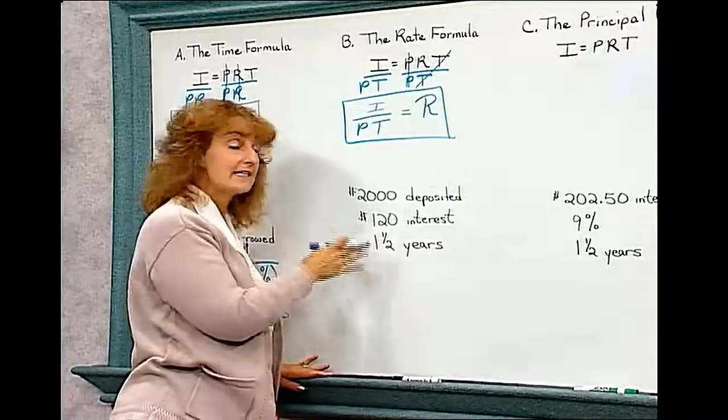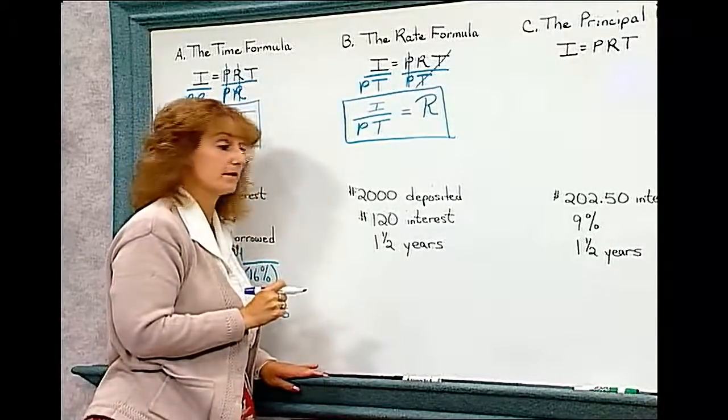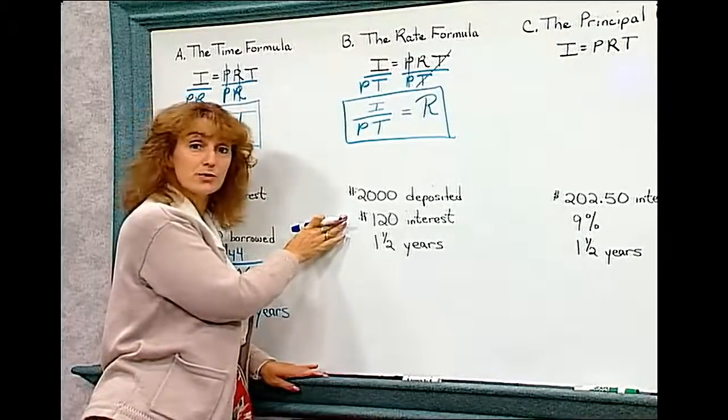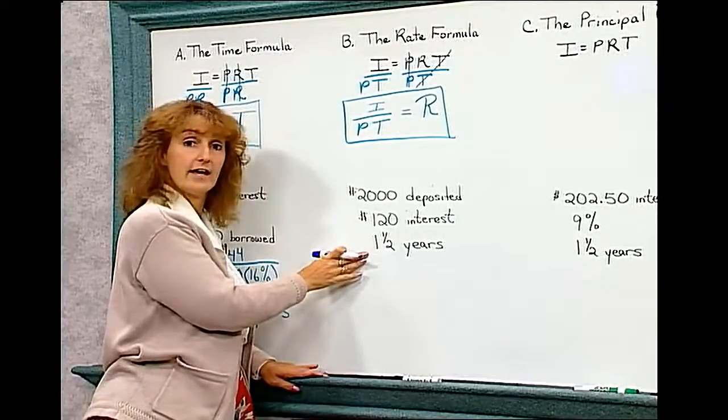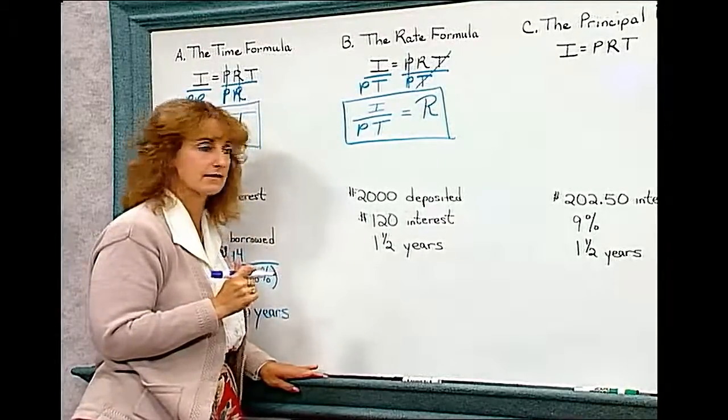When we go to a second example here, let's say Bob deposited $2,000 in the bank and earned $120 interest in 1.5 years. What rate was he getting? What was the percent?